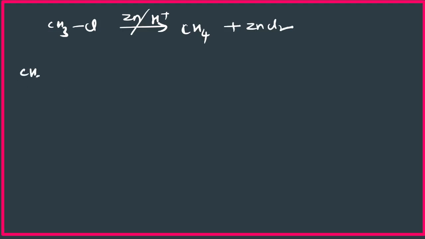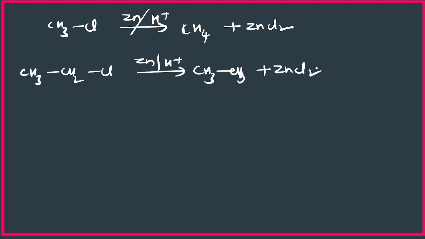Again, ethyl chloride with zinc in HCl gives CH3CH3, ethane. So generally it is removal of halogen and addition of hydrogen in this reduction of alkyl halide with zinc and acid.